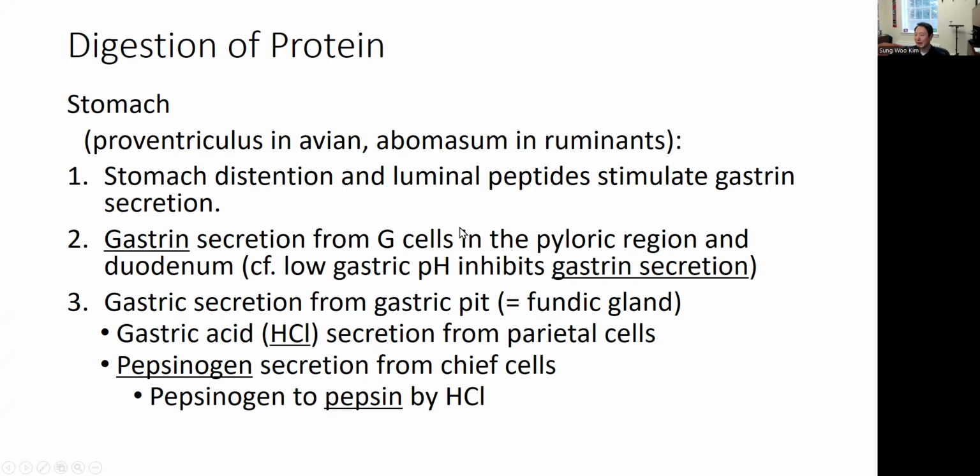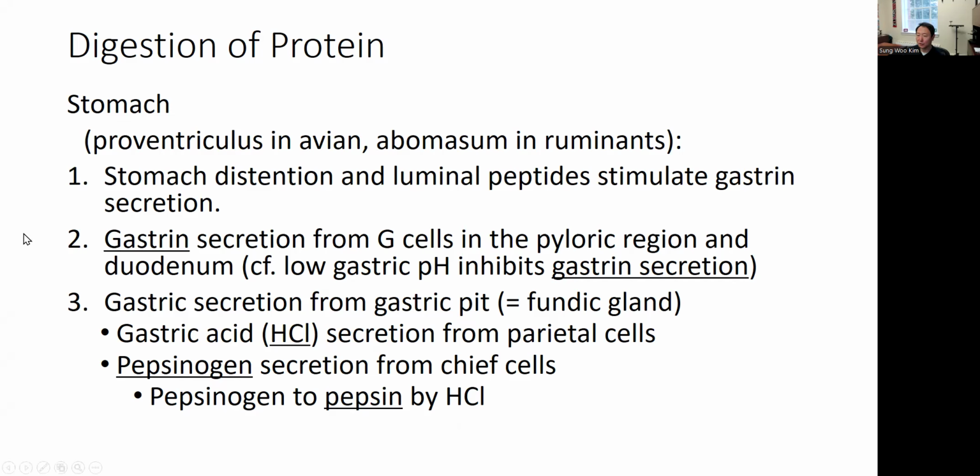Those G cells are found in the pyloric region, the end part of the stomach. I'll show you a photo soon. Also, these G cells are found in the duodenum, which is the first part of the small intestine.